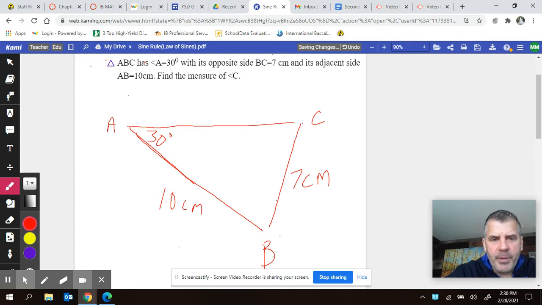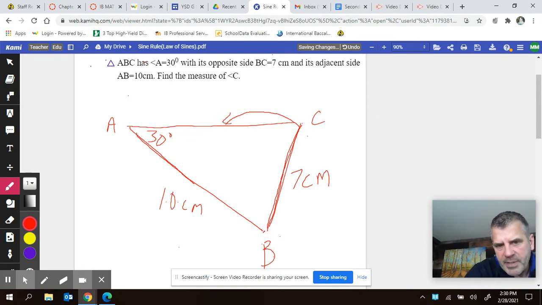Now, the reason this brings about an ambiguous case is because technically, if you draw the triangle so that it's like we swung this over, think about side BC swinging over within this triangle.